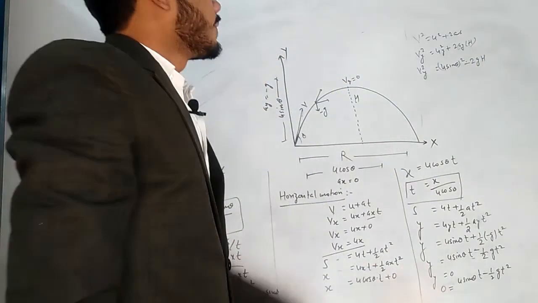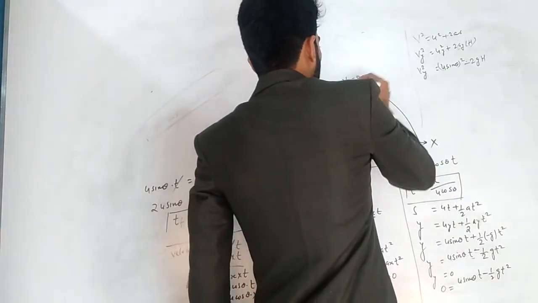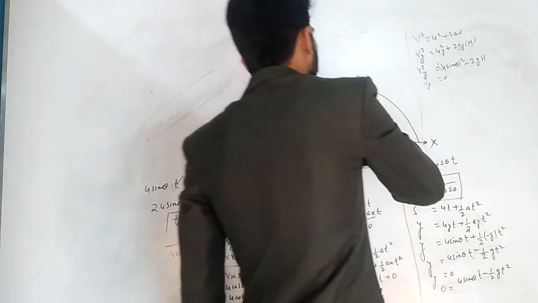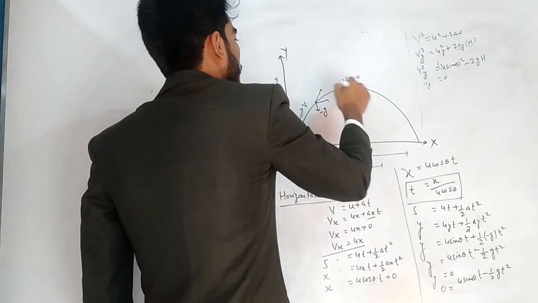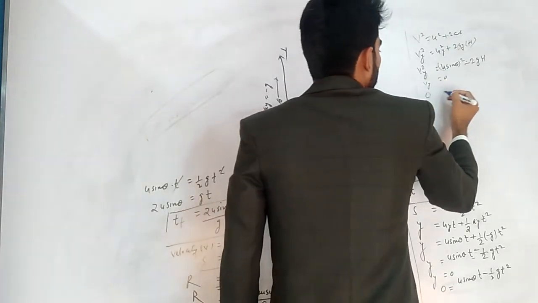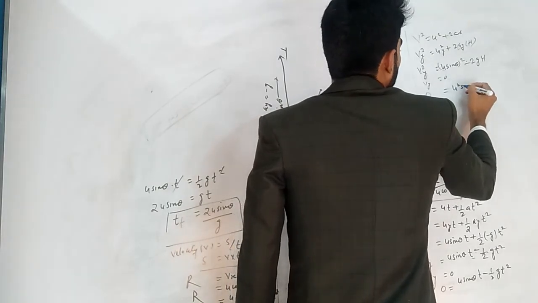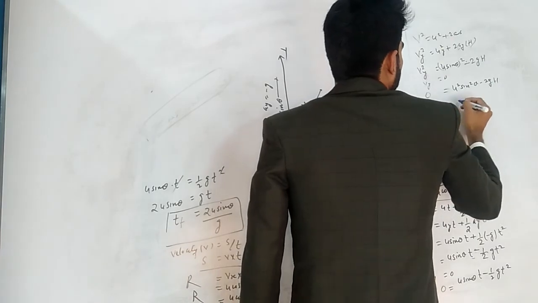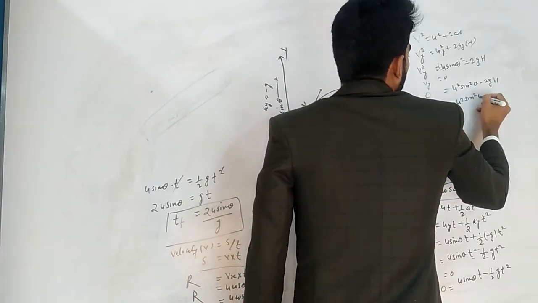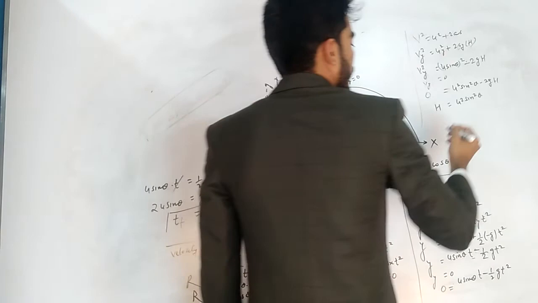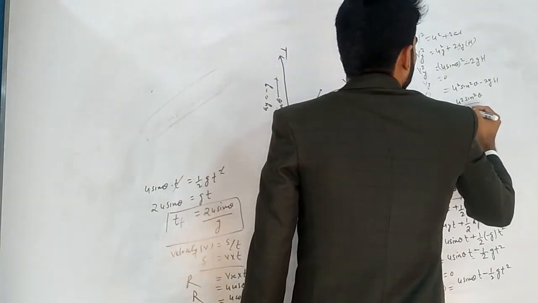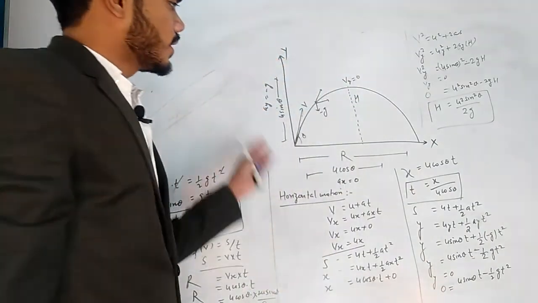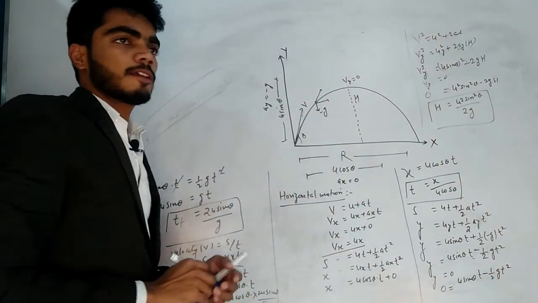Okay, so at the maximum height, vy is equal to 0, the position where the velocity will be 0. So 0 is u square sin square theta minus 2gh. So h is equal to u square sin square theta by 2g. So finally this is the maximum height. Easily we can derive the three most important equations.